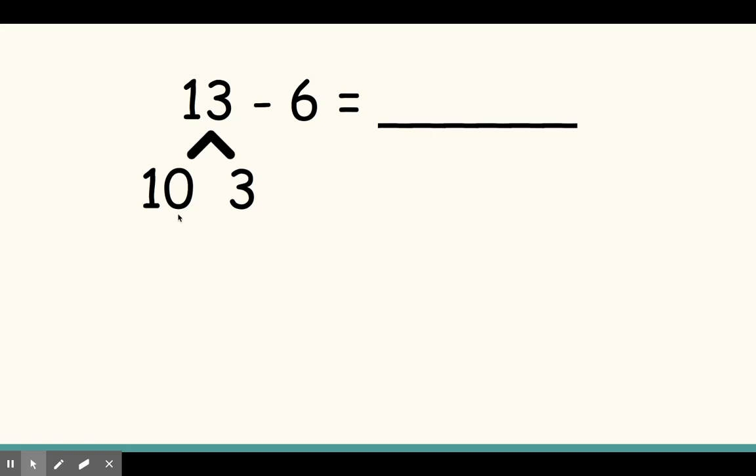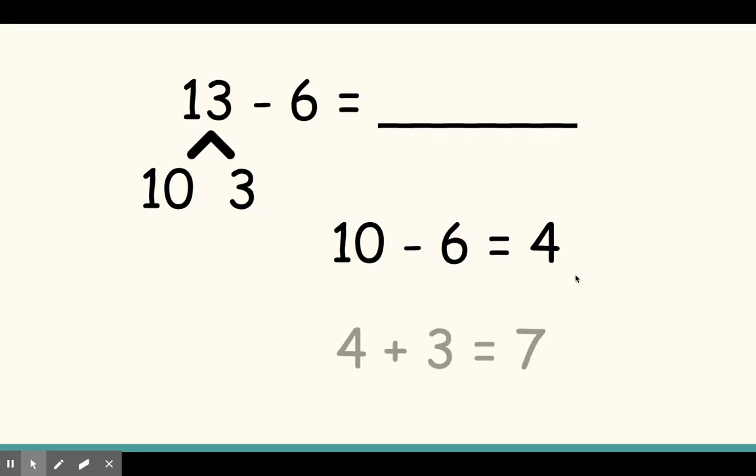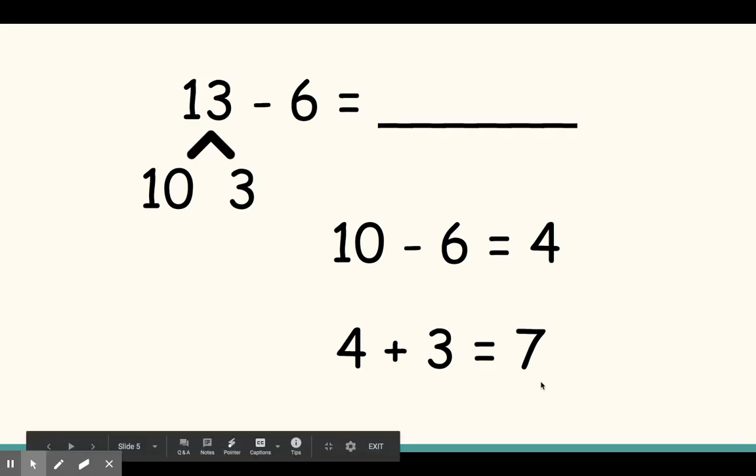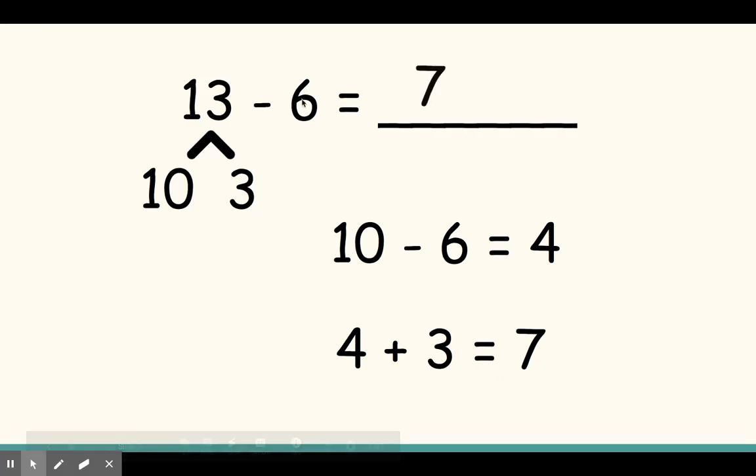We can even picture our hands in our mind, or we could use our fingers if it helps us. 10 subtract 6. When we put down 6 of those fingers, or we subtract 6 from 10, we get 4. Now, we can't stop there because we have 3 as the other part of 13. So we need to add 4 and 3 together, and that gives us a total of 7. 13 subtract 6 equals 7.